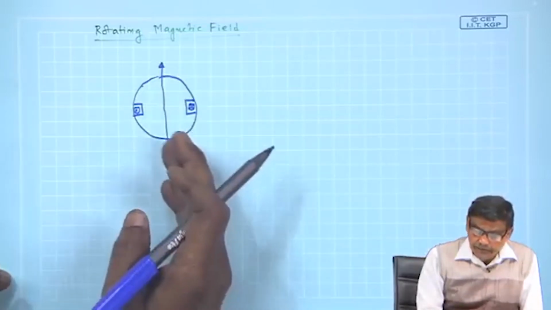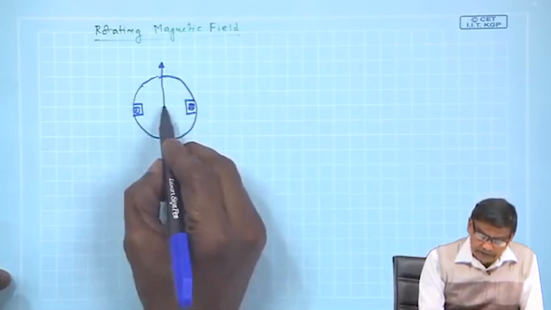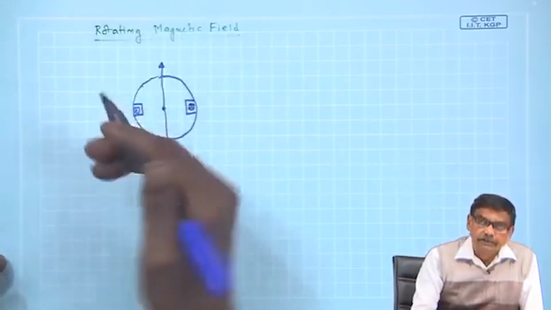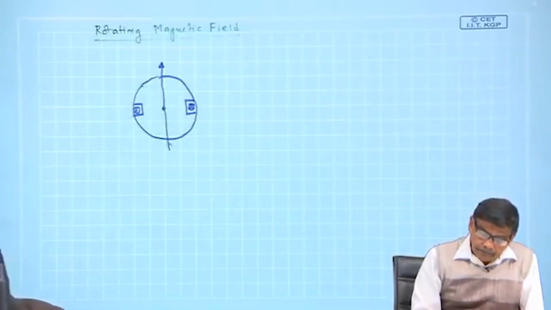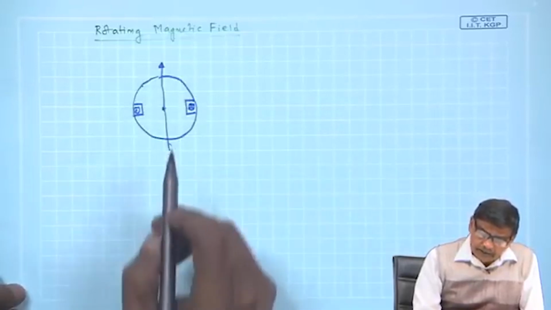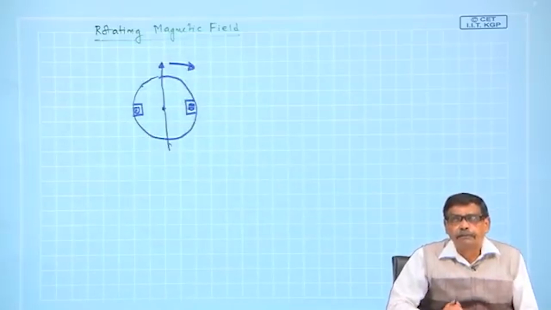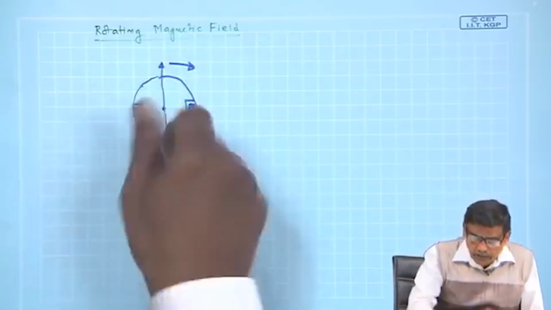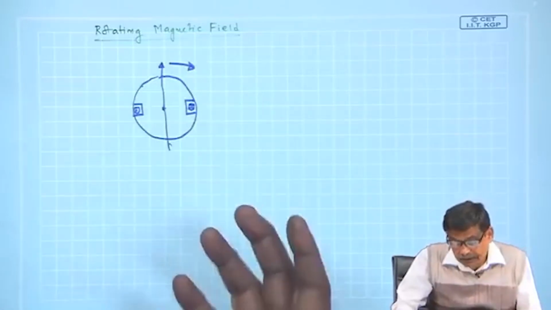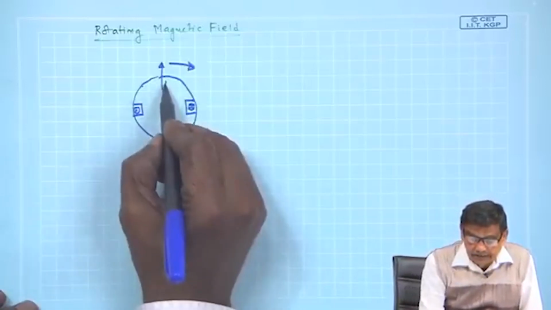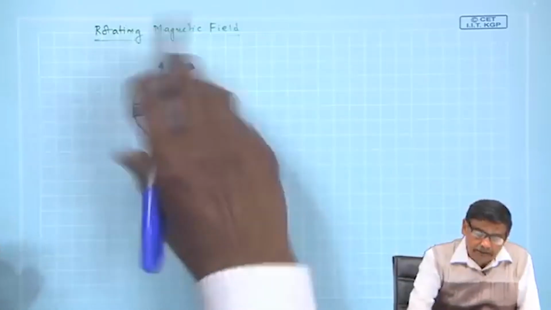If you keep it just like this, it will be a stationary sinusoidal field if you neglect harmonics. Then you rotate it by some external means, that is by a prime mover, and you have created a rotating magnetic field. This is north, this is south, and it will rotate.